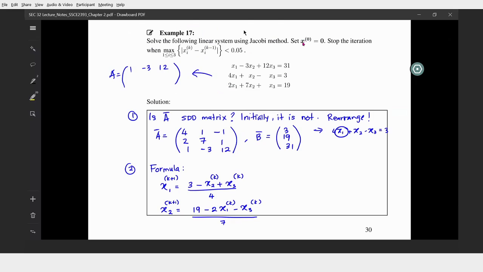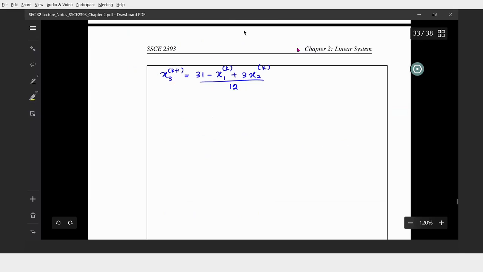So it is actually x1 at iteration 0 equal to 0, x2 at iteration 0 equal to 0, x3 at iteration 0 equal to 0. This initial value depends on the problem. It is not always 0.